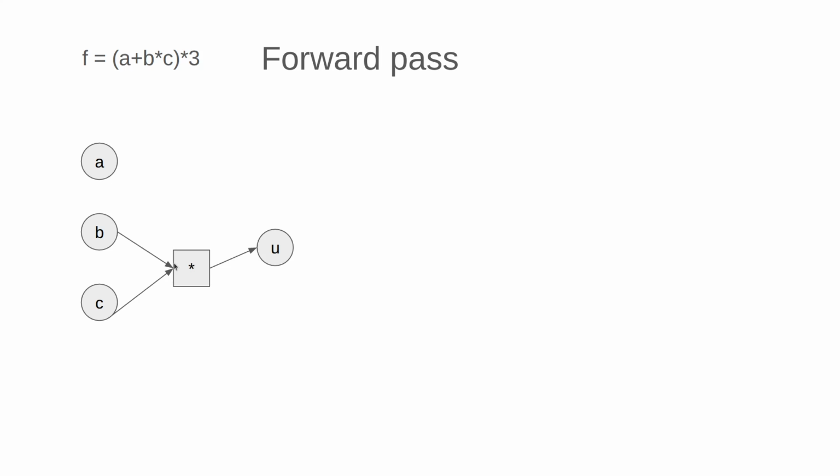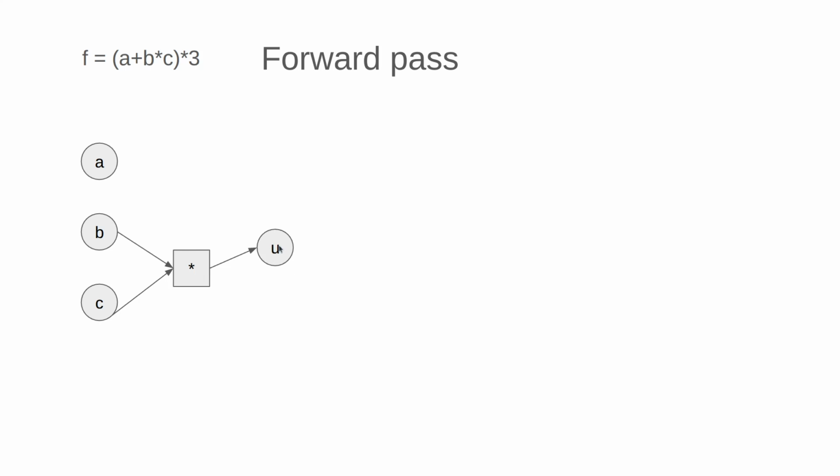The b and c are inputs of the multiply function, and this function will output a variable u here. The u is not in the Python expression. It is an intermediate temporary variable which is required to evaluate the whole expression.